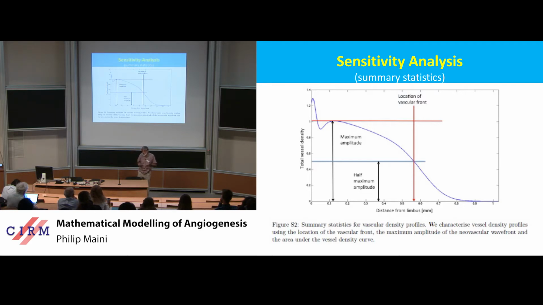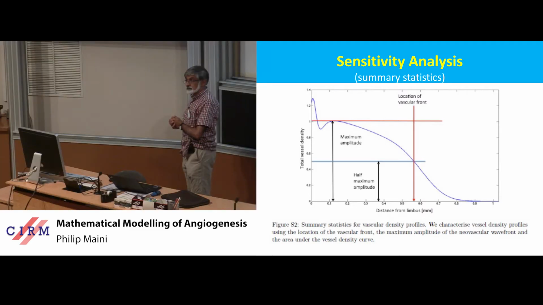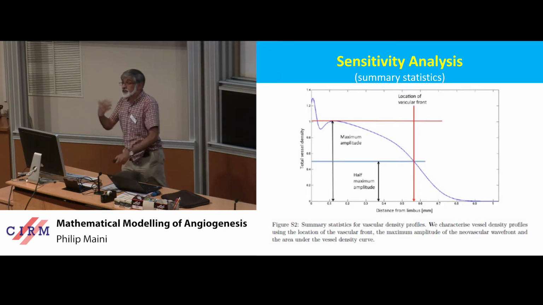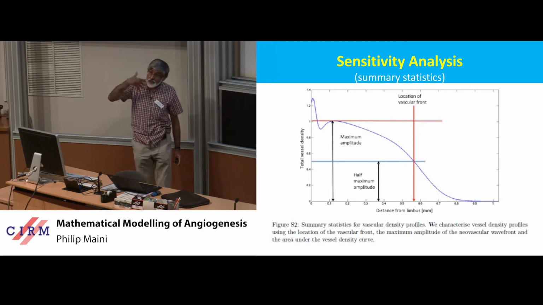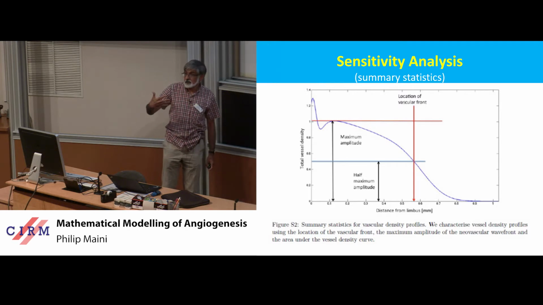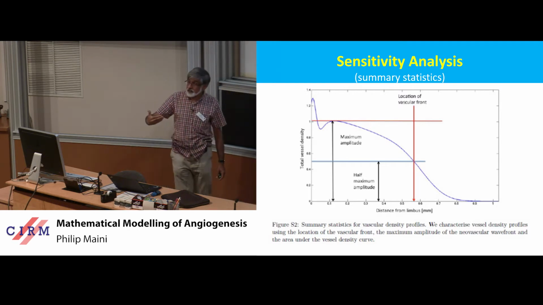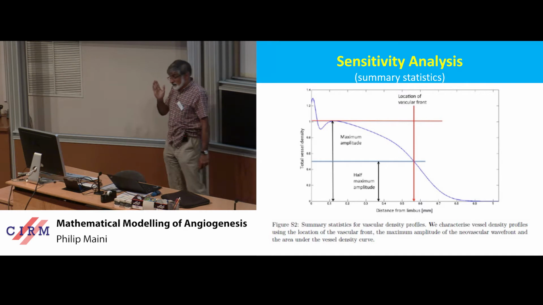How would we know that my erratic mess is worse than your erratic mess in terms of comparing it to tumor angiogenesis, which is an erratic mess? Don't know, right? So that's an issue. How do we get summary statistics? That's one of the challenges in this field.